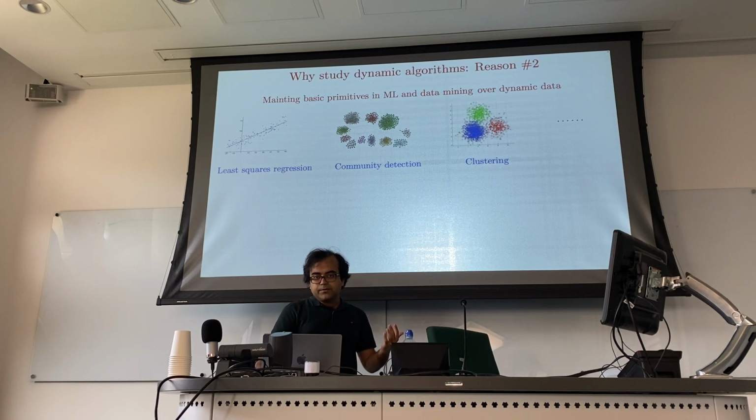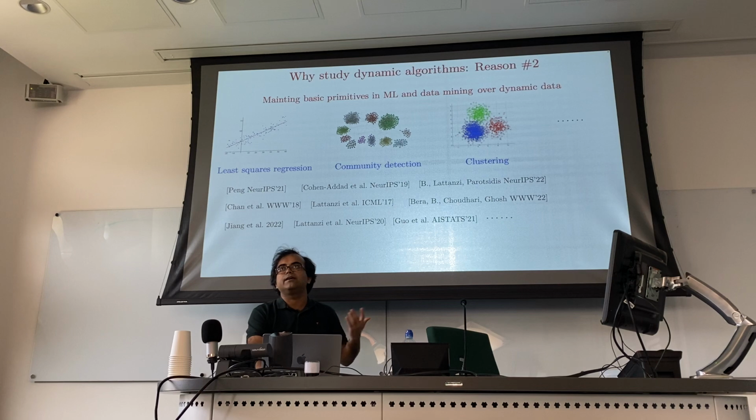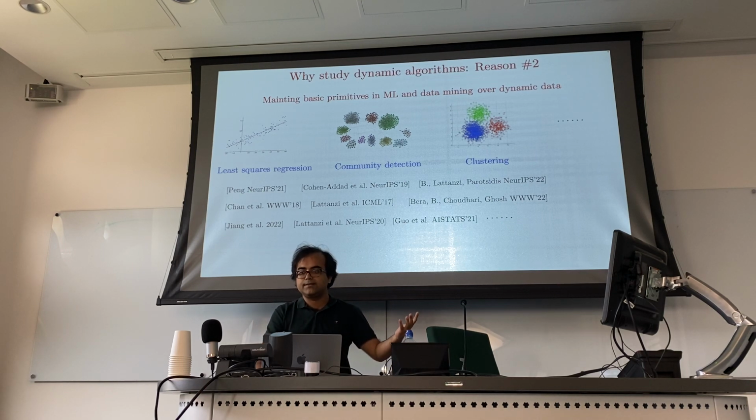So it comes as no surprise that in recent years, even in more applied communities, we are seeing quite a few papers appearing that are essentially dynamic algorithms papers. If you just look at the key theory result in each of these papers, they are just doing dynamic algorithms, because all they are doing is showing how to maintain clustering efficiently in a dynamic setting, let's say.